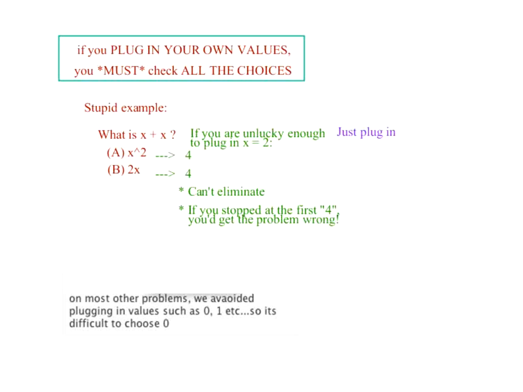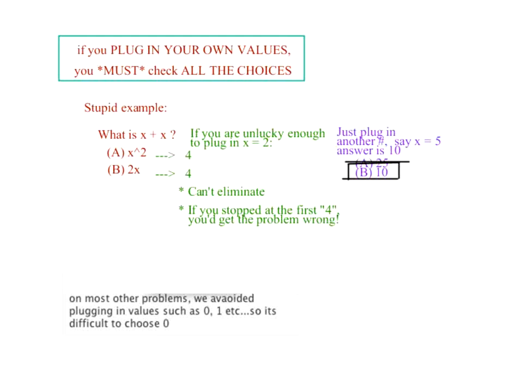Let's just say x is 5 or something. So then the answer is 10. So then A is not 10, and B is 10, and you're done. So, I mean, it's still a great method. If you have to plug in another choice, then oh well.